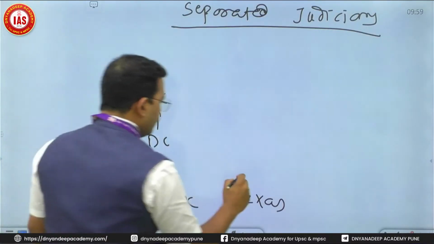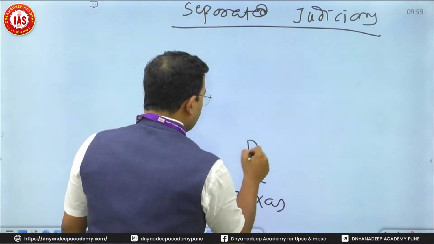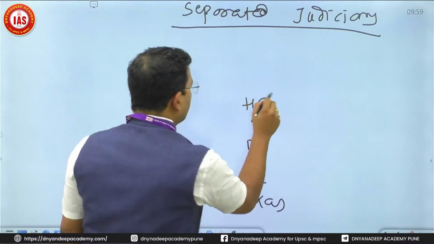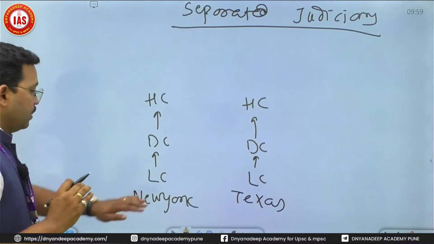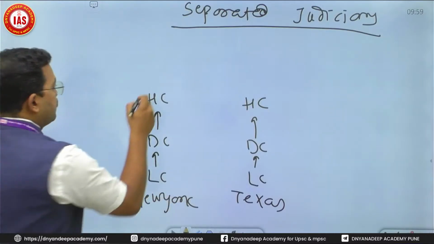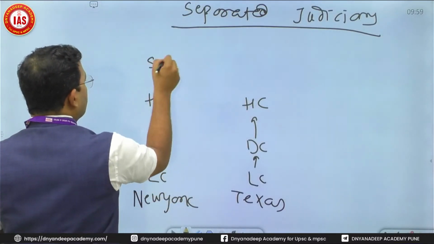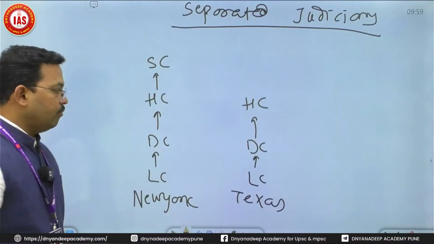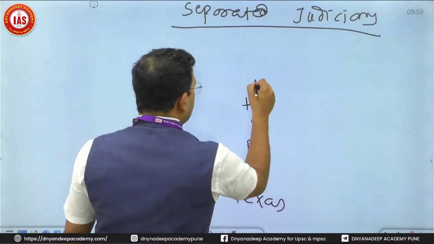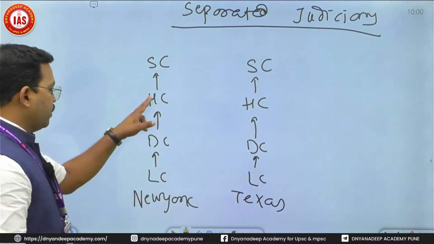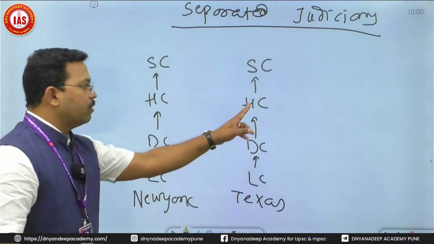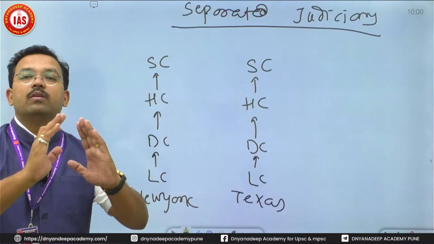Same like India. This was similar. But one very important thing. New York will have its own separate Supreme Court. Texas will have its own separate Supreme Court. High Court of New York and Texas High Court will not go to any common court.